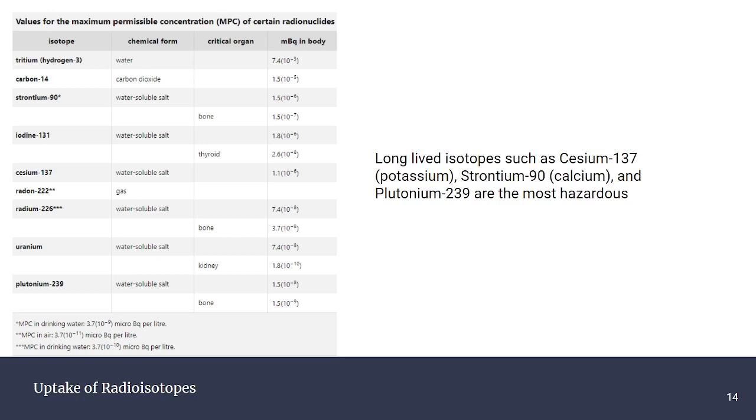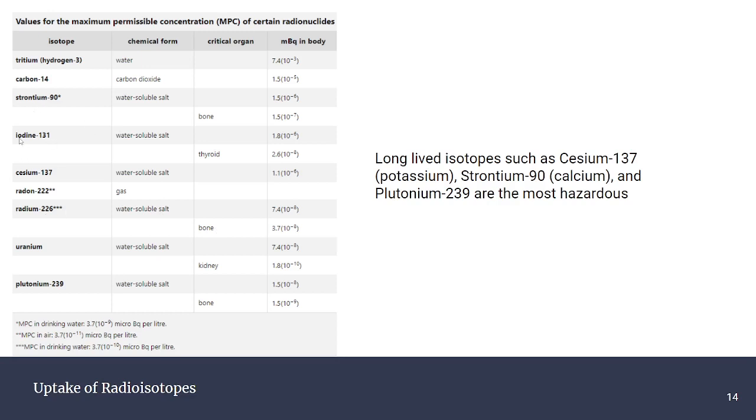We don't have exact numbers, depends on who you ask, but it definitely had an impact. And that's why, if you've ever heard of iodine tablets, it's specifically for iodine 131. You take these iodine tablets so that your thyroid uptakes it, meaning that you won't uptake this radioisotope, because your body doesn't know the difference. It just knows, hey, I have enough iodine. I don't need this other one, so I'm not going to absorb it. So if you can get that out of your system, it can be great.